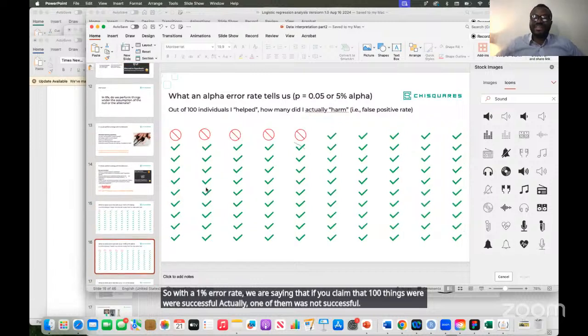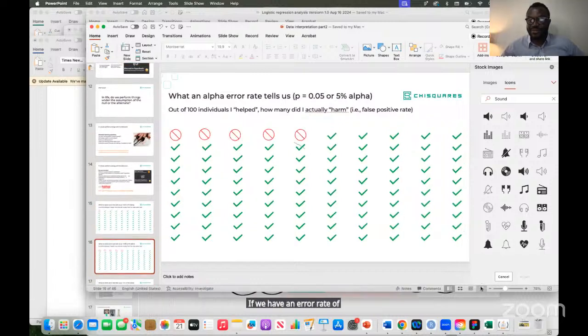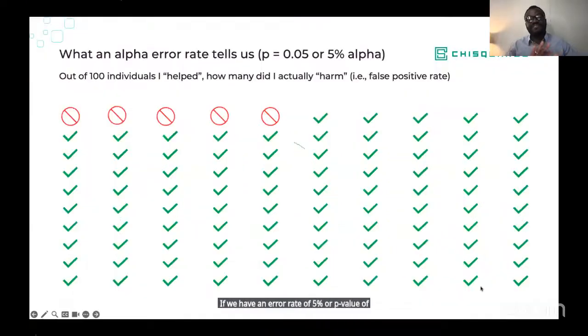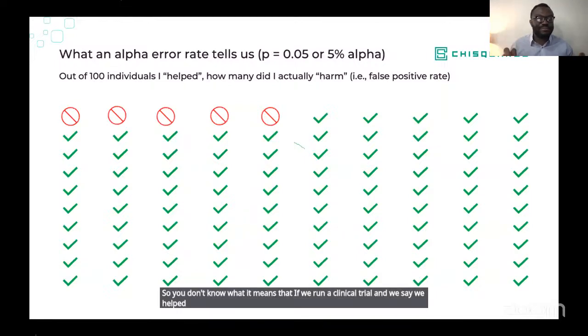If we have an error rate of 5%, or a p-value of 0.05 as our level of significance, we are saying that we're willing to accept the 5% error rate. So in other words, if we run a clinical trial and we say we saved 100 people, we're actually willing to say 5 of them were actually not saved, because they are false positives.